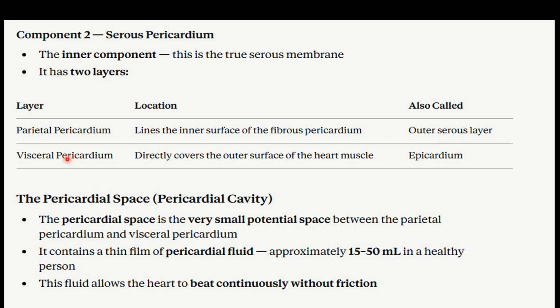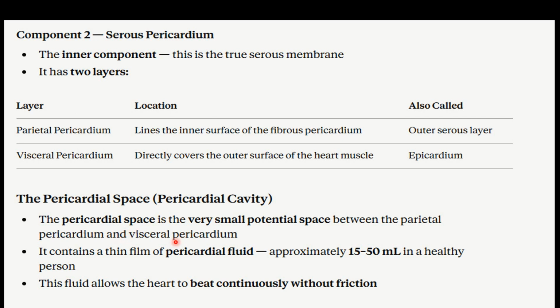layer. Then we have the visceral pericardium. It directly covers the outer surface of the heart muscle, which is the epicardium. Now we have the pericardial space, which is the pericardial cavity. This is very important because through this you will understand what the pericardial space is and what the pericardial fluid is. So we should know about these things. Let's see the definition.